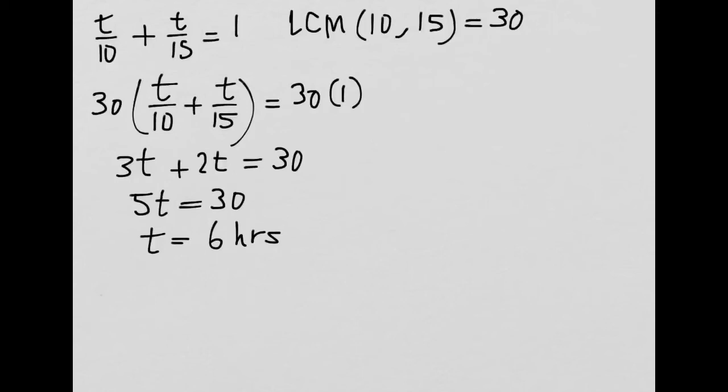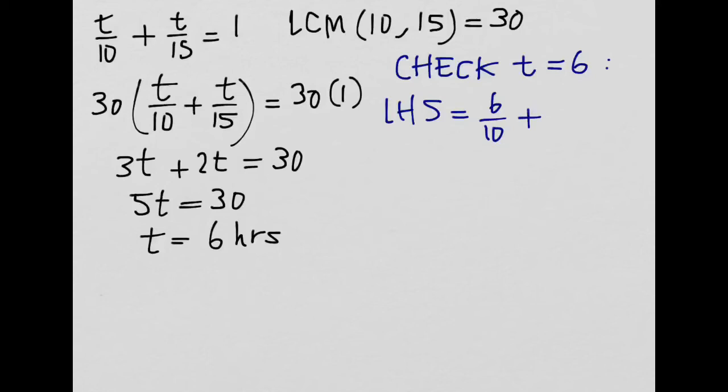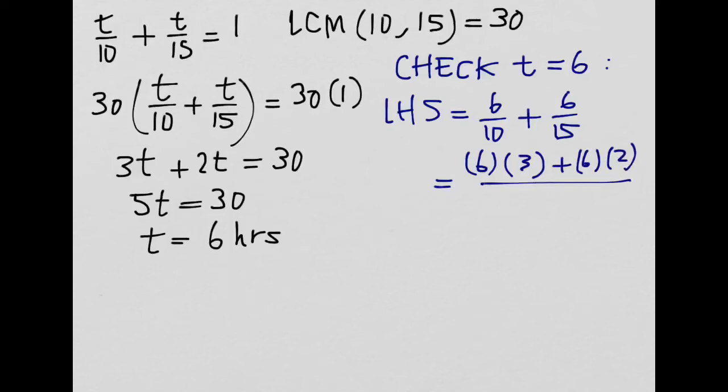Let's check that T equals 6 is indeed a solution to our rational equation. T equals 6. The left-hand side is 6/10 plus 6/15. That's 6 times 3 plus 6 times 2 over 30.